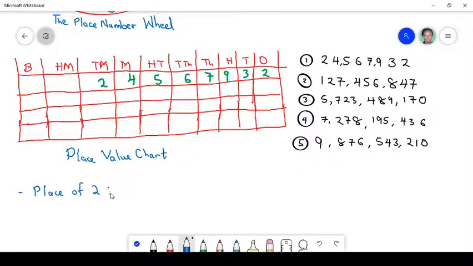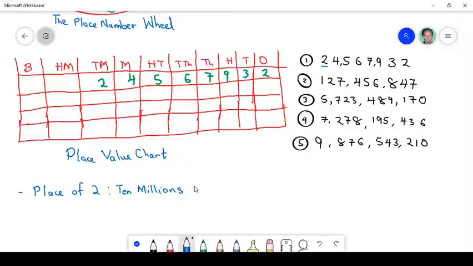What is the place of 2? The place of 2 is not the last 2, but this underlined 2. You realize that the place of 2 is 10 millions. So the place of 2 is 10 millions.